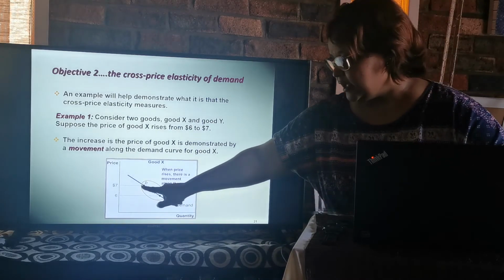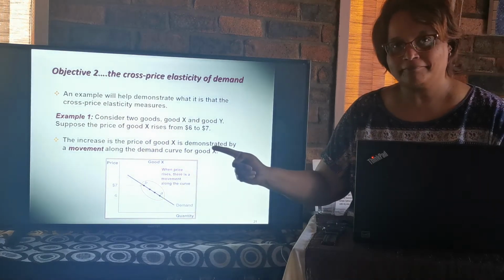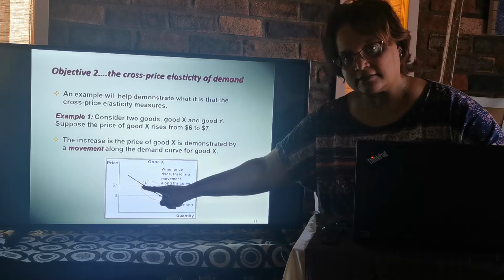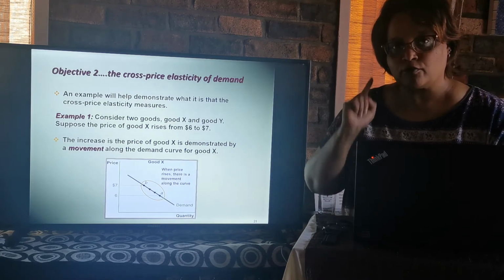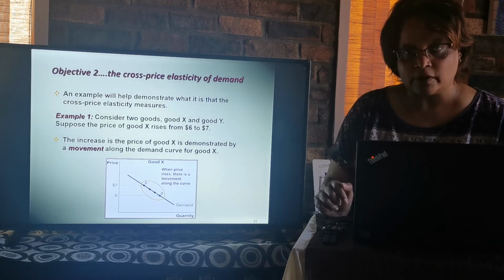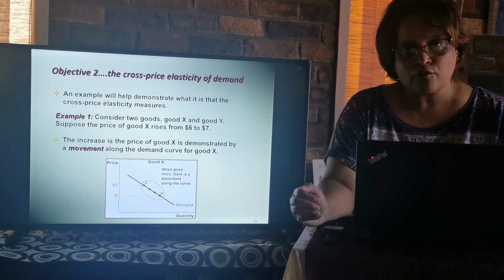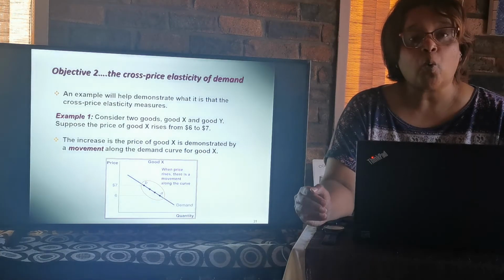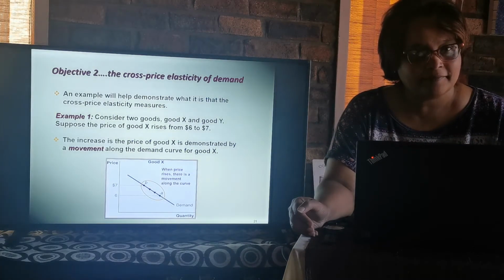If there's an increase in X, there will be an increase in demand of Y. If good X increases in price, then there will be a quantity demanded increase of good Y. I will repeat, let it sink in. If the price of good X increases, there will be a quantity demanded increase of good Y.